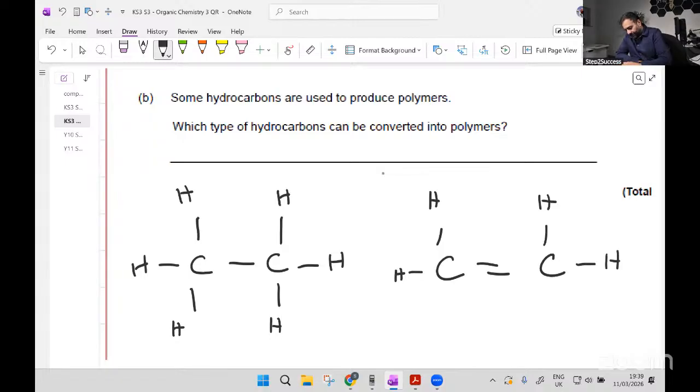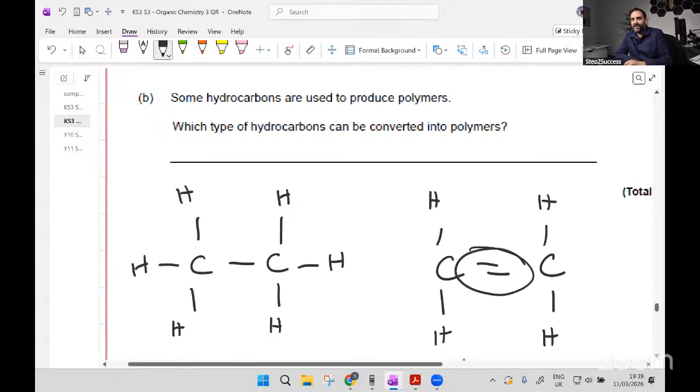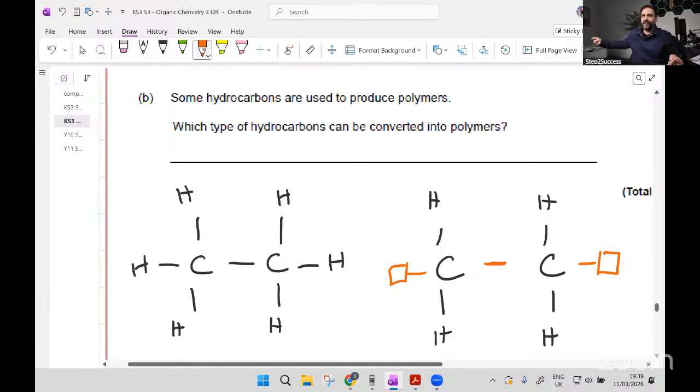The difference between an alkane and an alkene, as you look at one of these diagrams, is that alkenes have this double bond. So they have this one double bond. The advantage of having this double bond is that it has the ability to open up and join with other stuff. Alkanes can't do that because they don't have that double bond. So the double can become a single and join with other things.